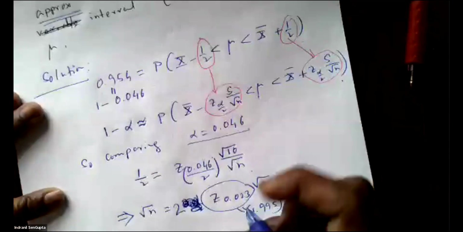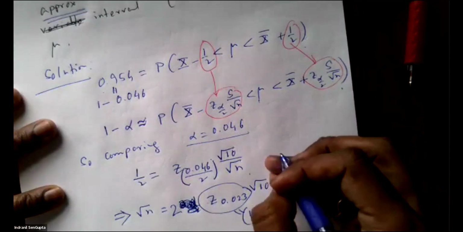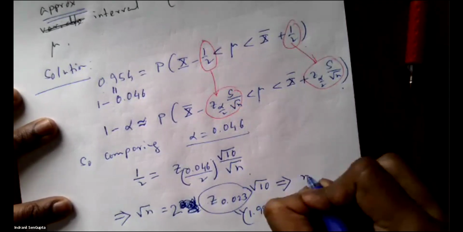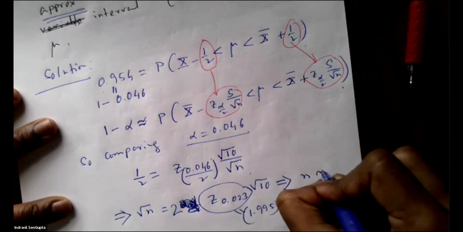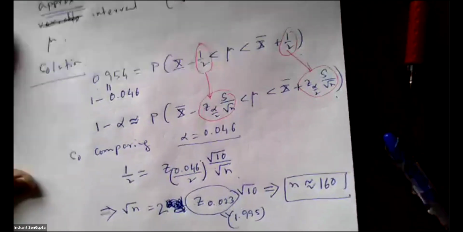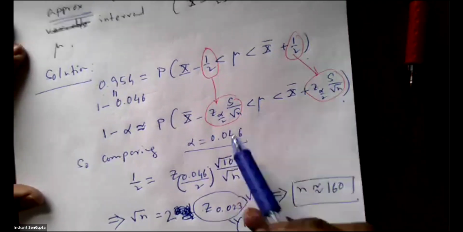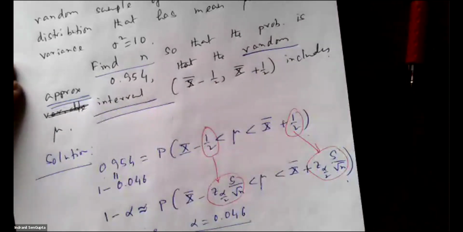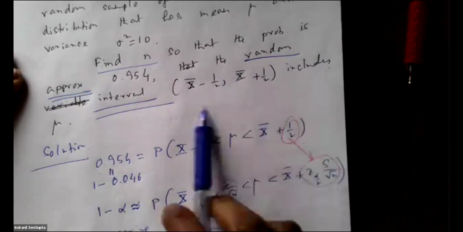Once again, if you are not comfortable with how to find this number, please send me an email and we can discuss that. So if I compute n from here and square it, it can be shown that it's approximately 160. So we really need a big sample.